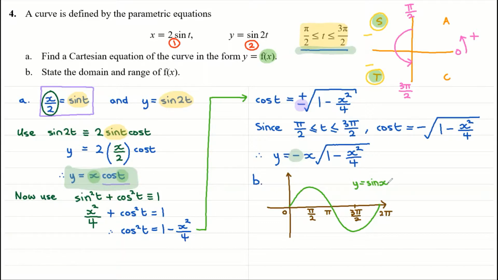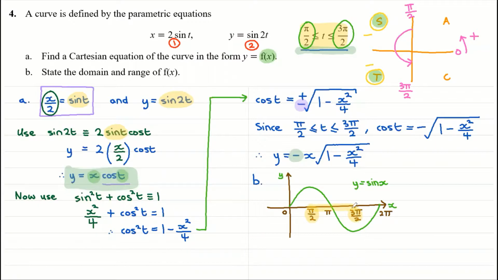Now then, if this is the case, and we might as well do this properly. If we're interested in t values between pi over 2 and 3 pi over 2, then it would be equivalent to using this domain here. So it would be all those x values there.